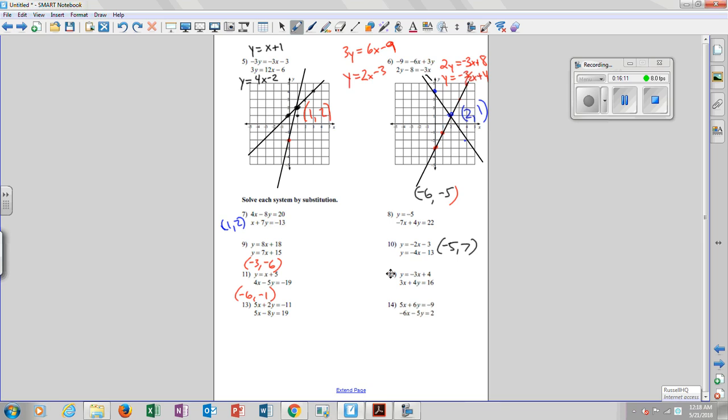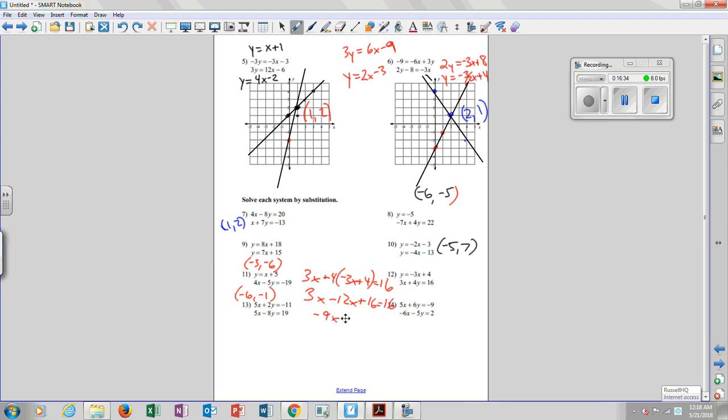Number 12, we have y equals all this again, so we can plug it right in for y. 3x plus 4 times negative 3x plus 4 equals 16. Distribute that 4, 3x minus 12x plus 16 equals 16.